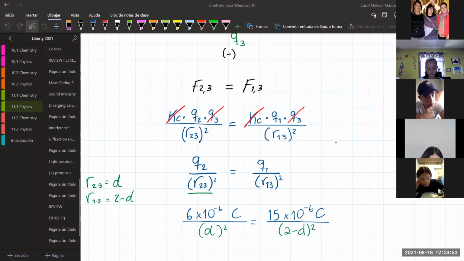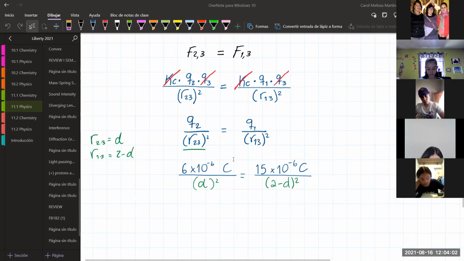So, right now, I'm going to leave the green part in one side and the blue part in the other side. To do that, I will cross multiply. This one is multiplying, so it goes to the other side, to the bottom. And the one that is in the bottom goes in the other side to the top.